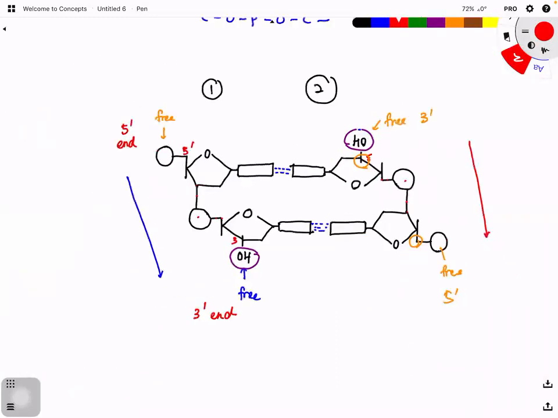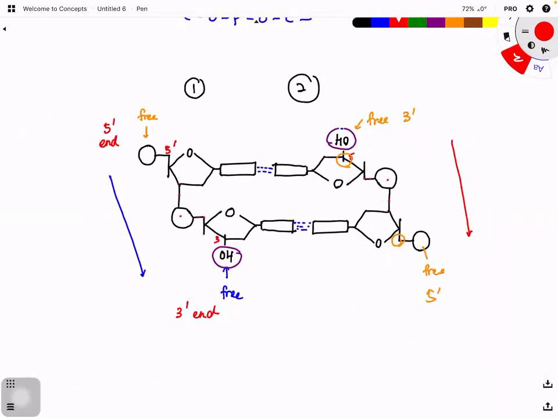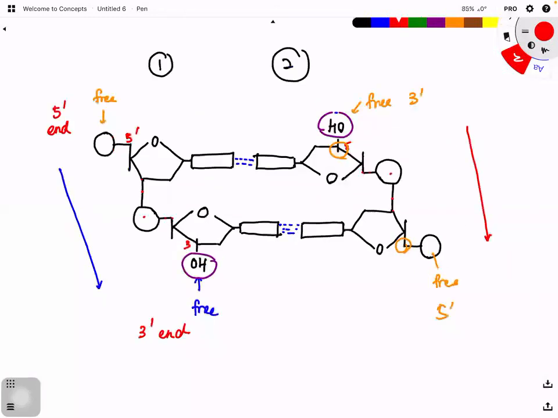Are you clear? Okay. Now, can you see that? So this is termed anti-parallel. So double stranded.